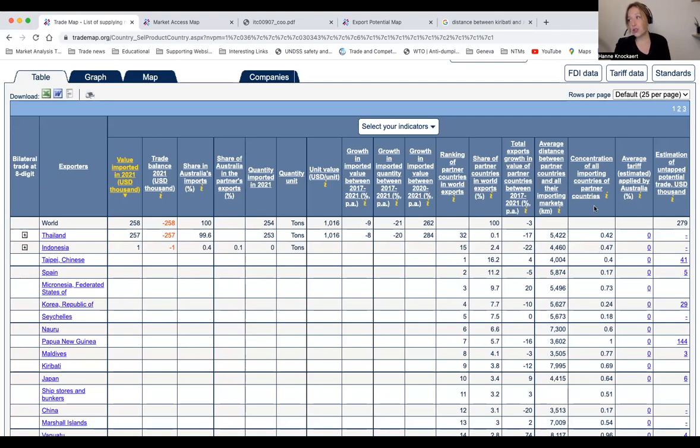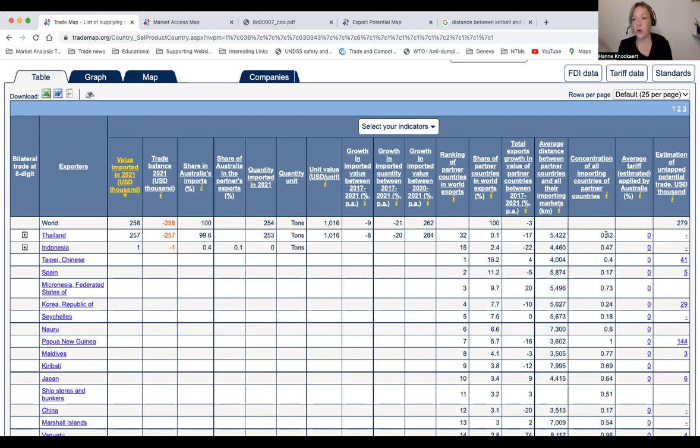The next column shows you the concentration of importing countries. So this is the Herfindahl index. If this number is below 0.1, we are talking about diversified markets. So if it's less than 0.1, it is a diversified situation. There's many players in this market. If it's between 0.1 and 0.18, we have a moderately concentrated situation.